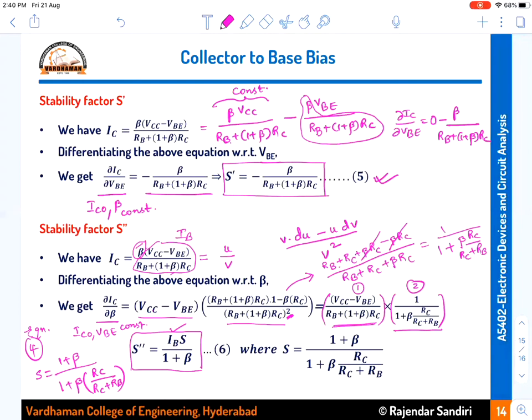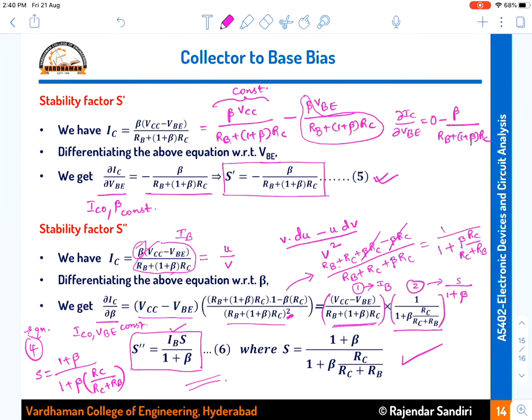The first term is IB, the second term is S by (1 + beta). Then you will get IB into S by (1 + beta), where S is equal to this one. So that is equation number 6. The stability factor S double dash is IB into S by (1 + beta). I have written S double dash in terms of S. That is the way I can rearrange it.